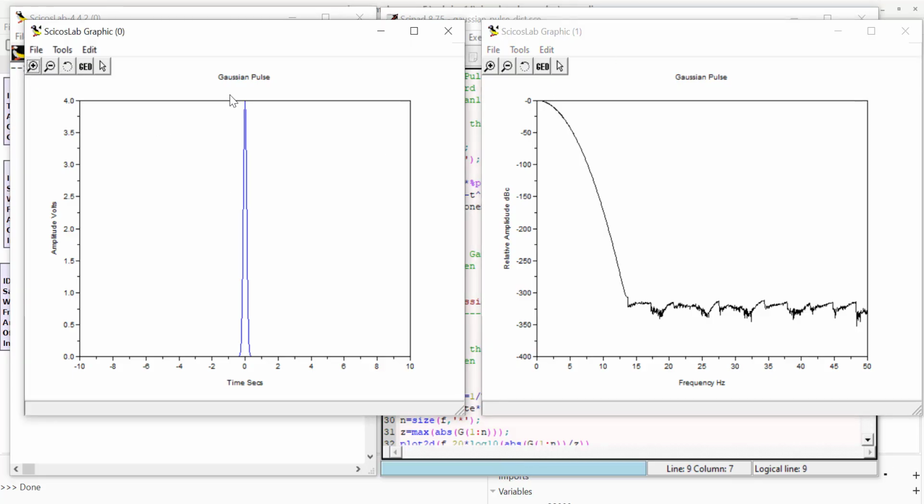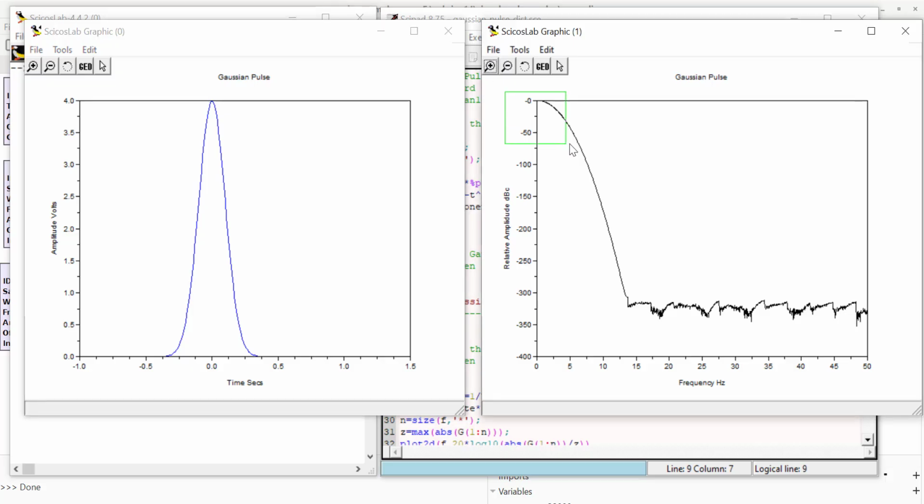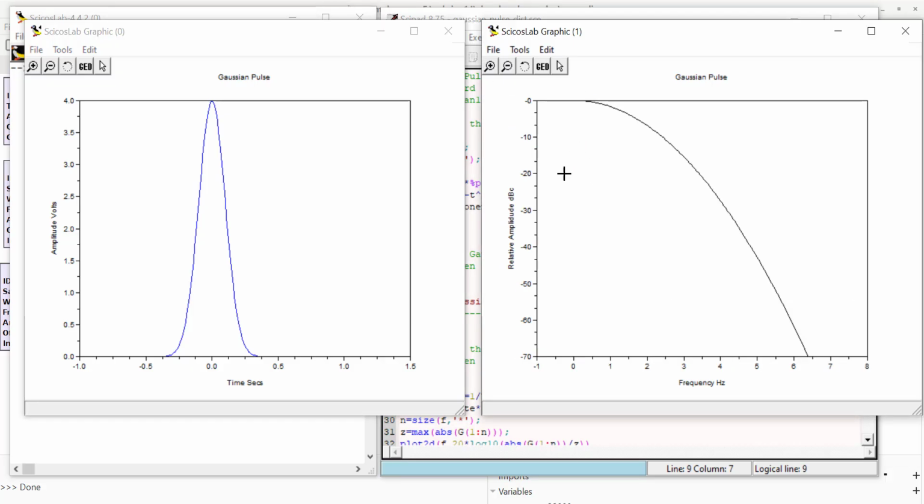So there's your Gaussian pulse. So it's almost down at 0 at 0.4, minus 0.4. Height is about 4. And let's look at the spectrum here around minus 50. So at around minus 50, you're out at around 5.